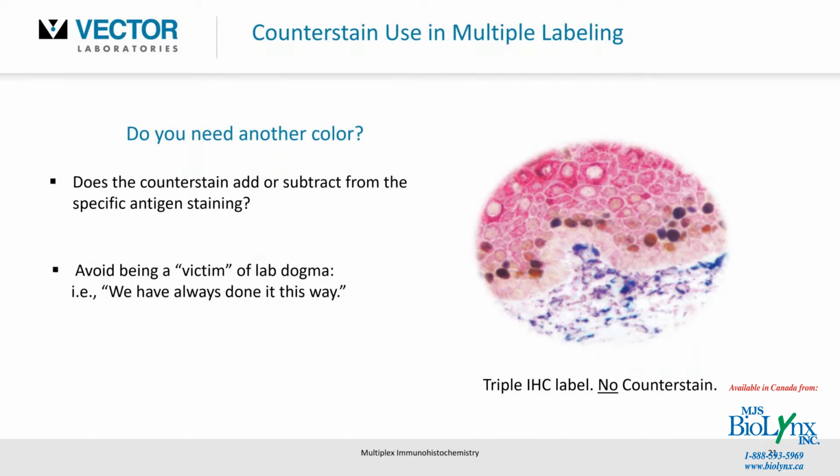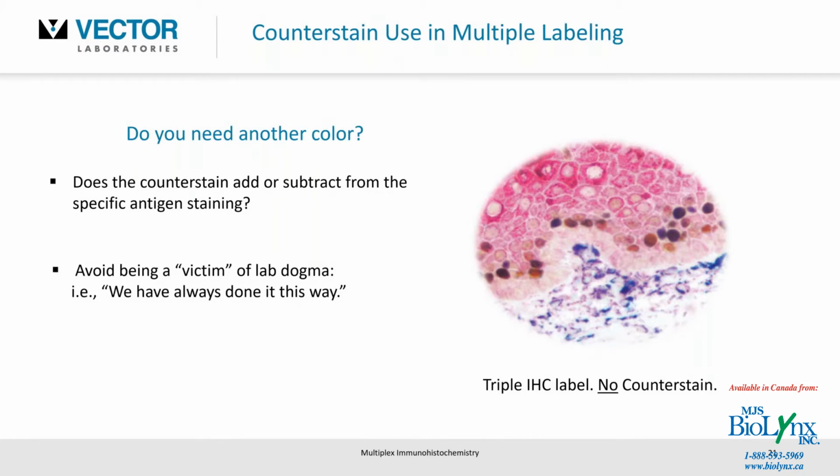Maybe you're new to the lab, you're following an established SOP. Try to question a little bit some of the methodologies in place. Indeed, I've got here, don't be a victim of lab dogma, whereby I've fielded inquiries, people saying, well, we've always done it this way.